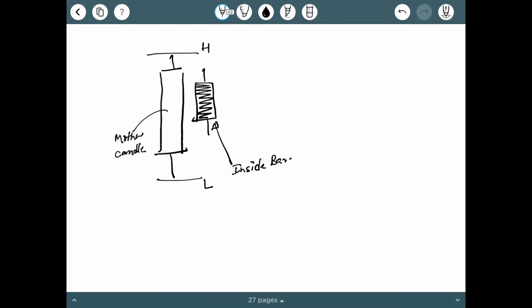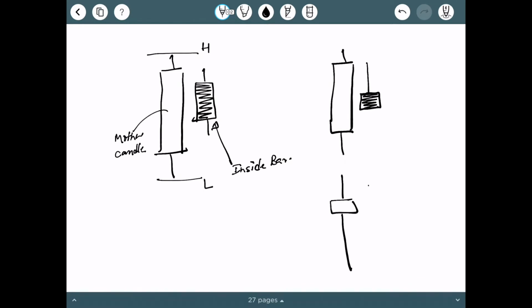It can have various formations. You can have an inside bar, for example, like this, and then you can have an inside bar something like this, or you can have an inside bar which looks like this.